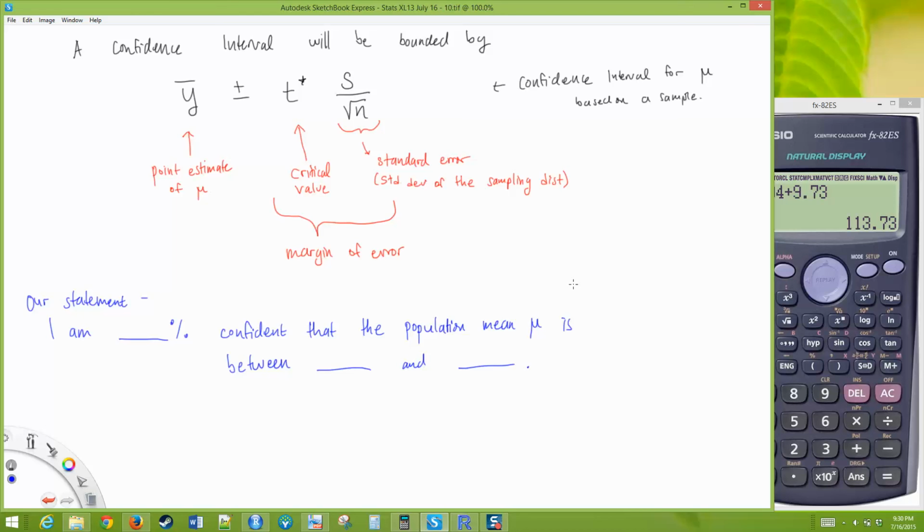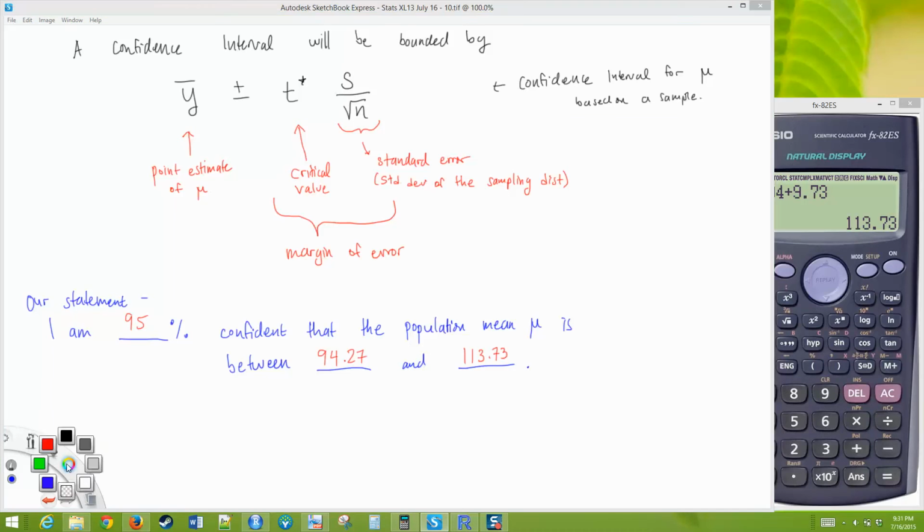And it might be tempting to do this, but don't do this, okay? In the previous example, we said, I'm 95% confident that the population mean IQ score is between 94.27 and 113.73.